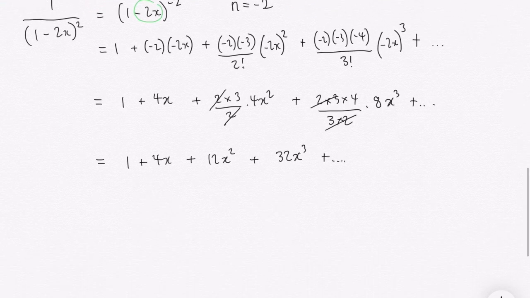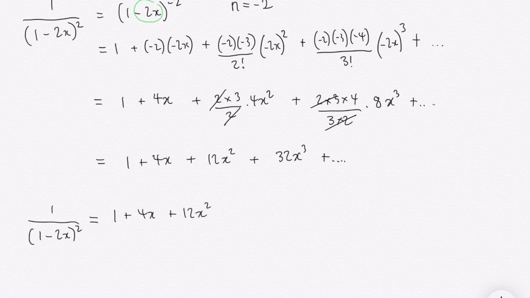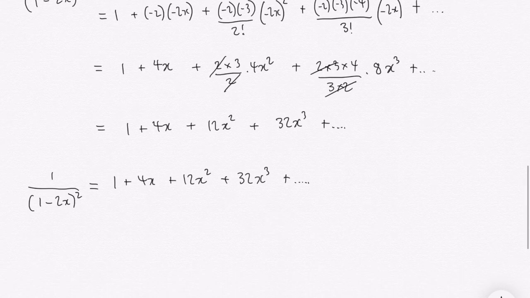So we can say 1 over 1 minus 2x all squared is equal to 1 plus 4x plus 12x squared plus 32x cubed plus our remaining terms that we've not calculated. But we can also say something like this.